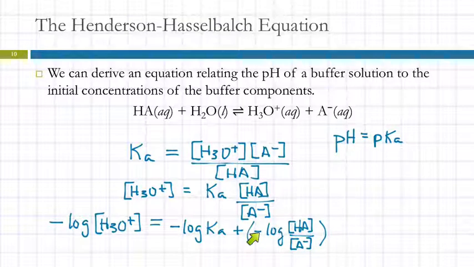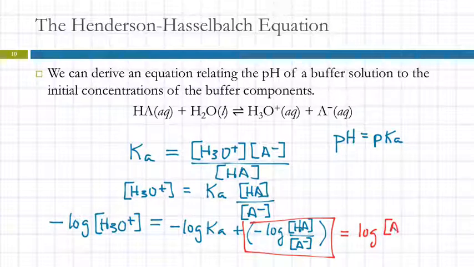So if I want to make this a positive, what I do is I invert the fraction. So this part right here is equal to positive the log of A minus over HA. So I inverted the fraction so I could get rid of this negative sign.